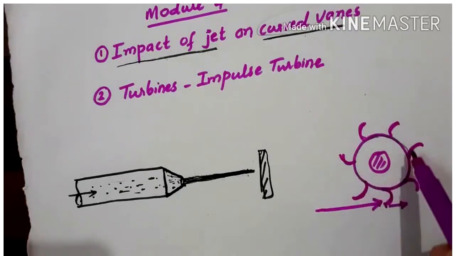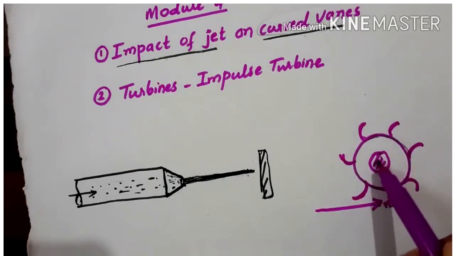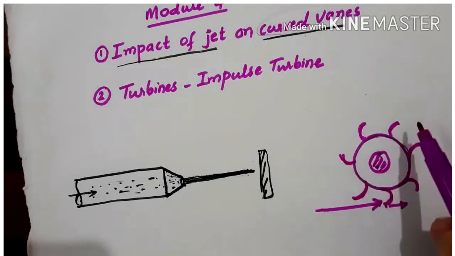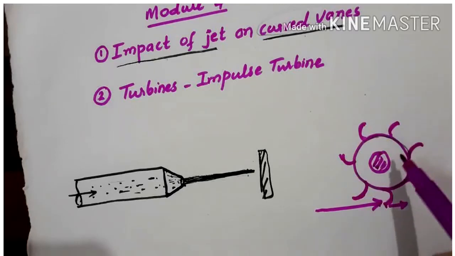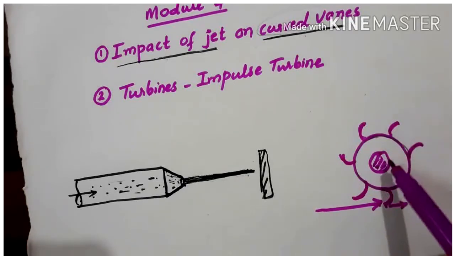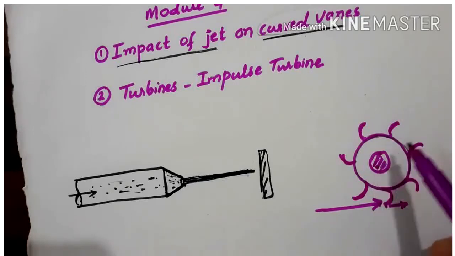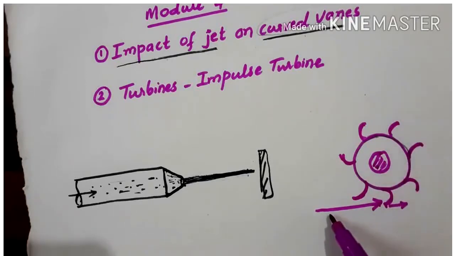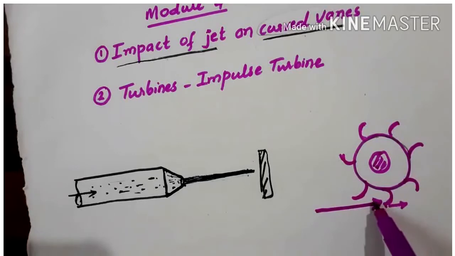This impeller is coupled with the shaft, the shaft rotates, and the shaft is coupled with the generator, and the generator gets turned on. Hence the production of electricity. To do all this, a force of jet will be impinging on the vanes.